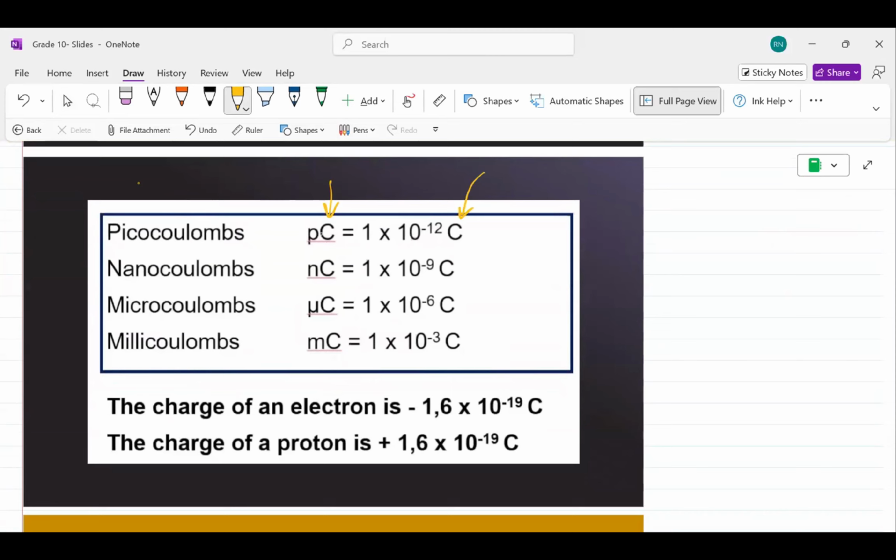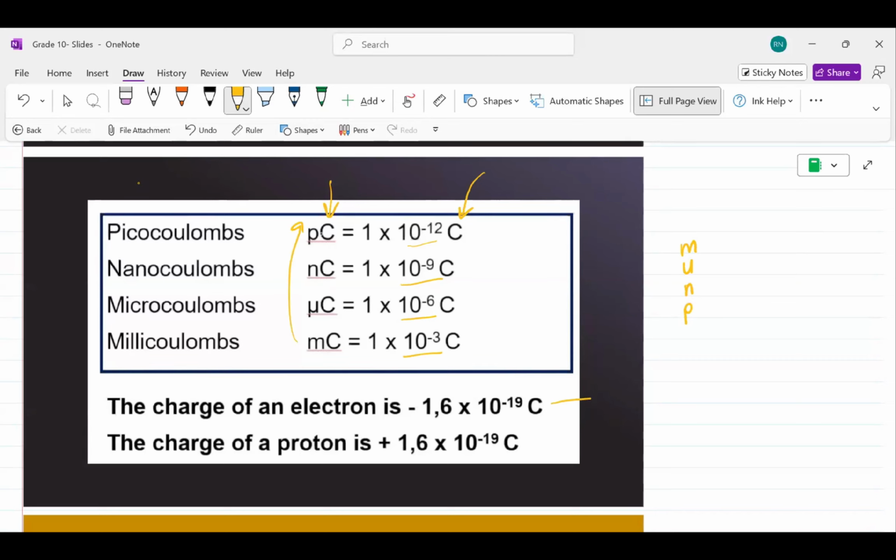And so to get from picocoulombs, we times 10 to the minus 12, nanocoulombs times 10 to the minus 9, microcoulombs times 10 to the minus 6, and millicoulombs is times 10 to the minus 3. So I used to always remember it as MUNP. I don't know if that helps, but that's how I remembered it. So it goes in that direction.